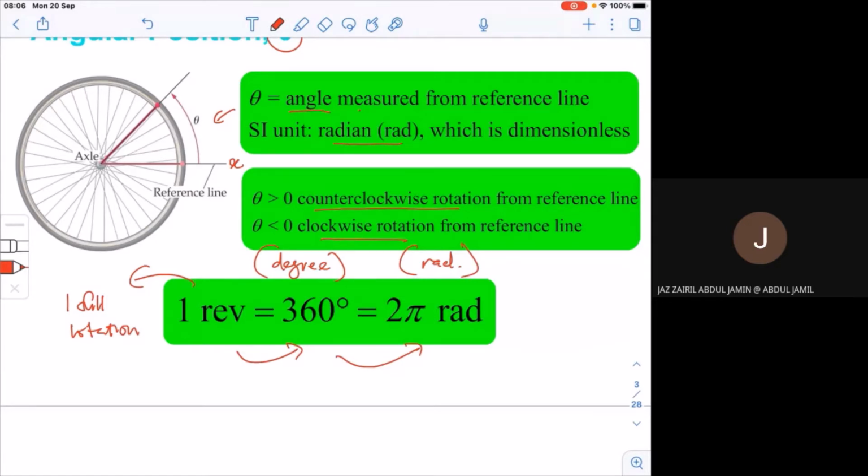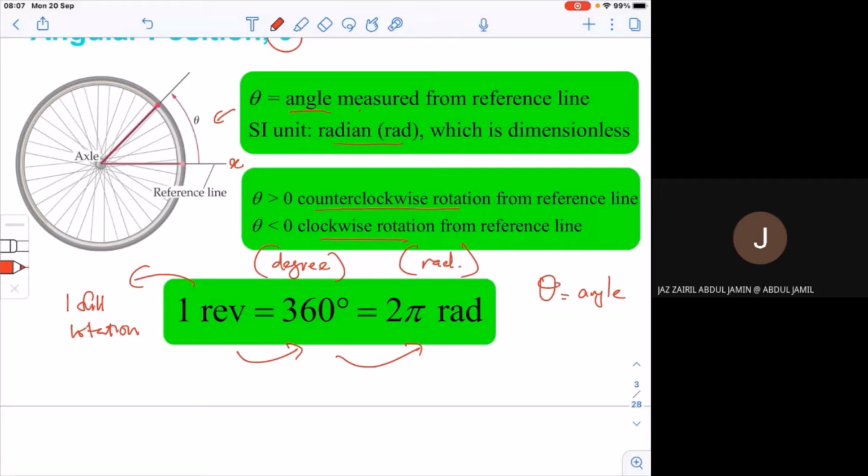When we talk about theta, I know some of you may note this as an angle. When we want to find the direction, we have to find the angle, which is theta. So the angle will tell you the direction.